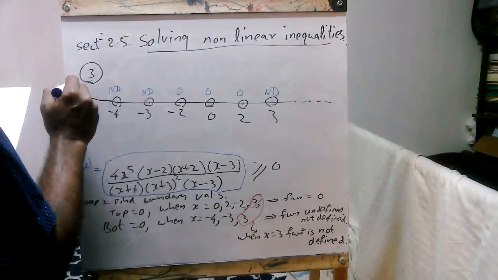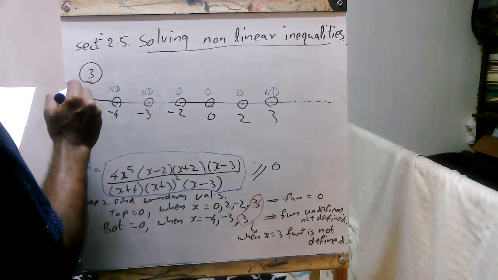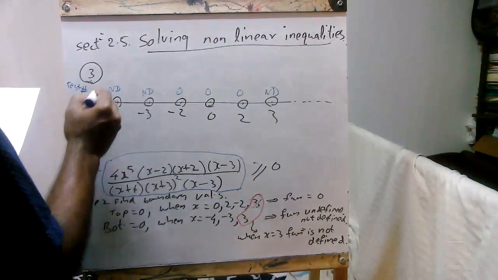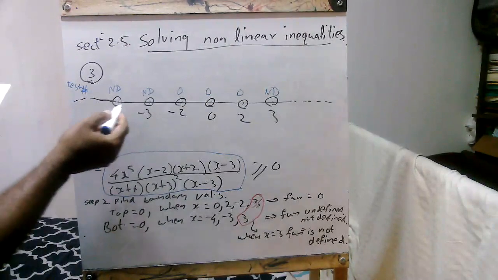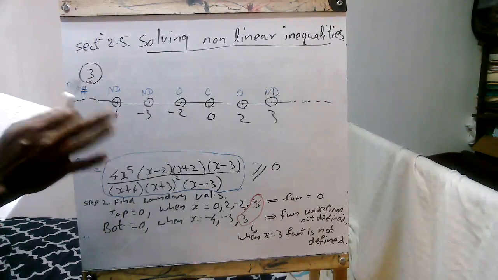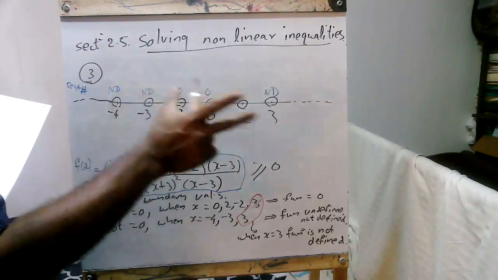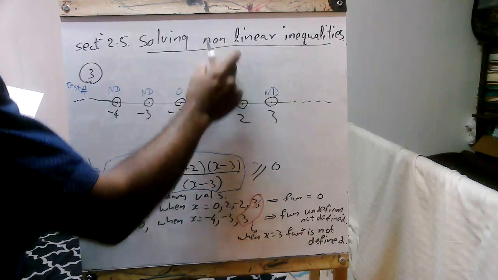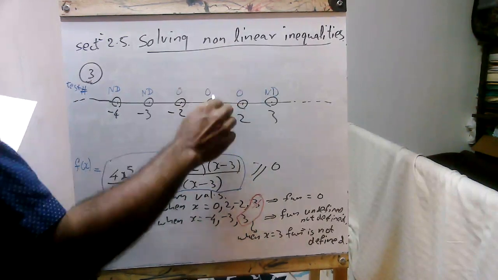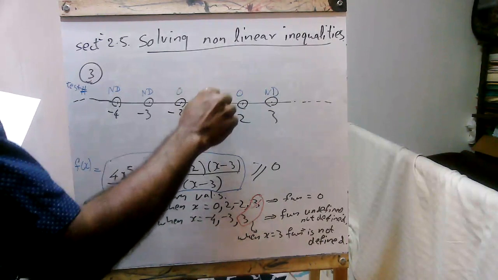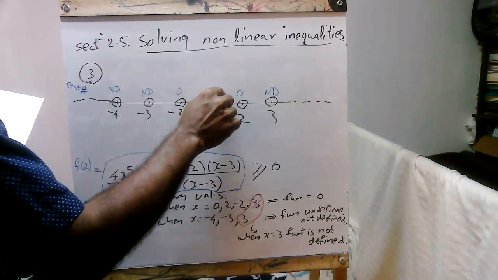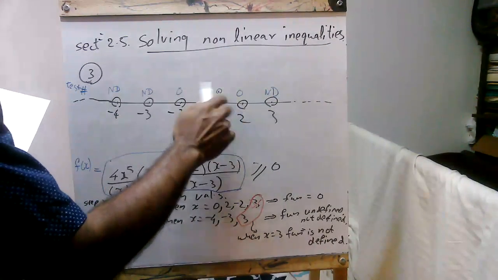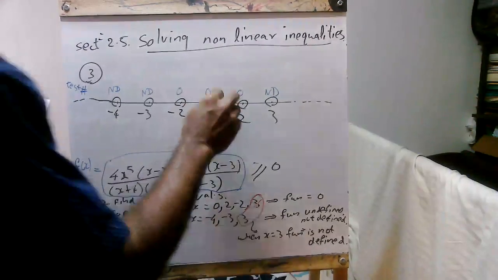For this test value, test number, any number less than -4. The main idea is this: take a certain interval, say between 0 and 2. If you substitute a number and find the function is positive, it cannot be negative anywhere else in between, because here it is 0 and here it is 0.